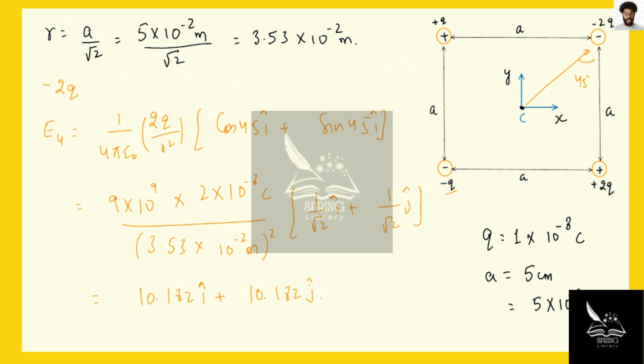So the total electric field, or the net electric field, would be E is equal to E1 plus E2 plus E3 plus E4. Now let us put the values here.